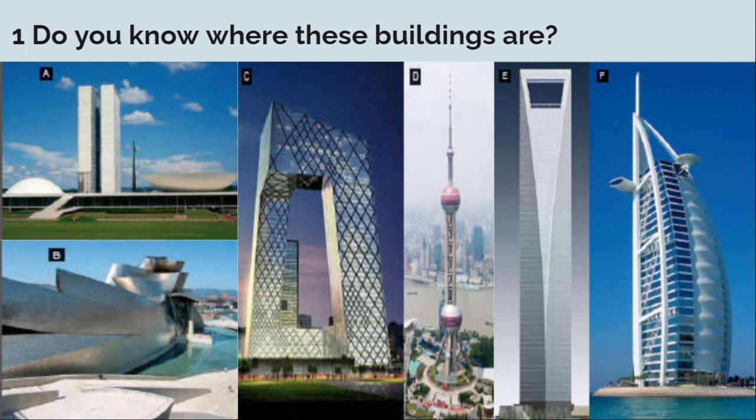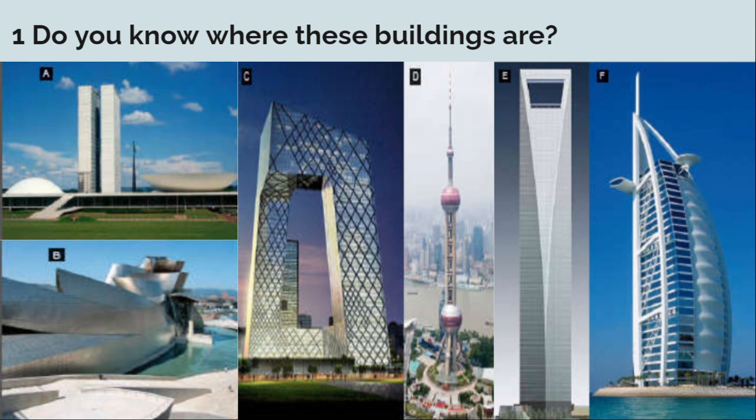Building in picture A refers to the Plaza of the Three Powers, Brasilia, in Brazil. Picture B refers to Guggenheim Museum in Bilbao, Spain. Picture C refers to the Central Chinese Television Tower in Beijing.